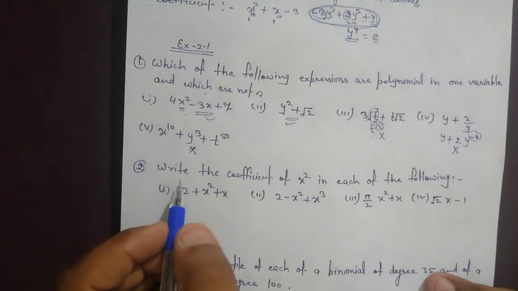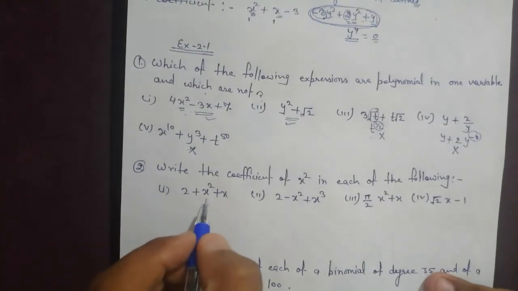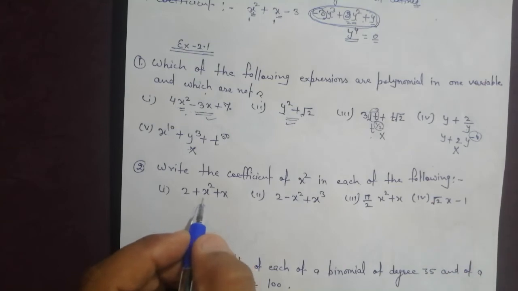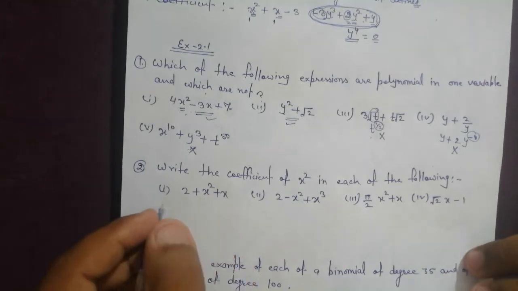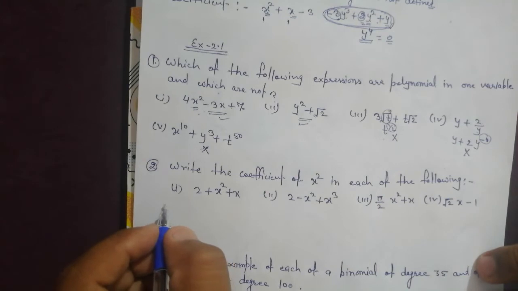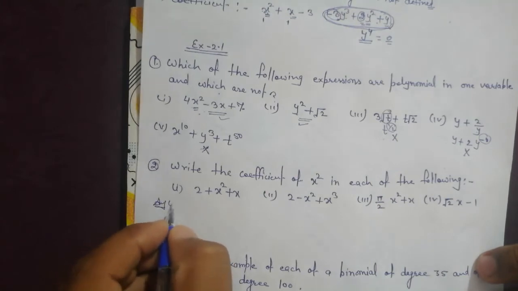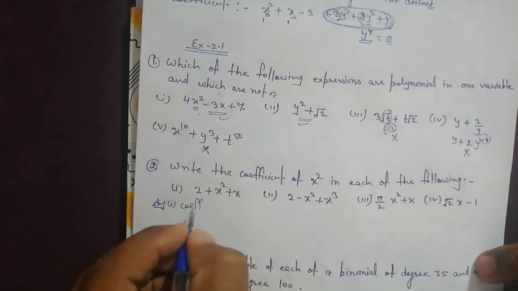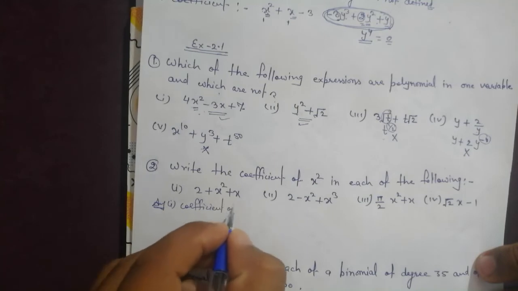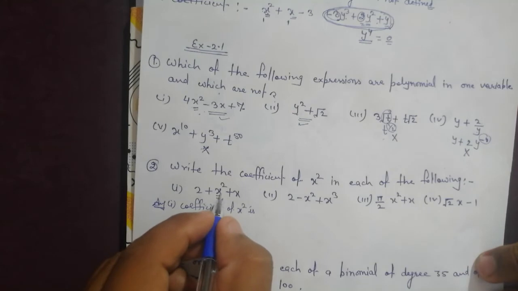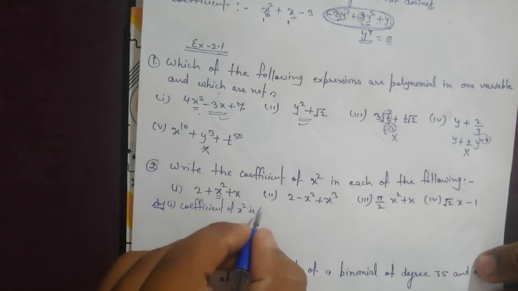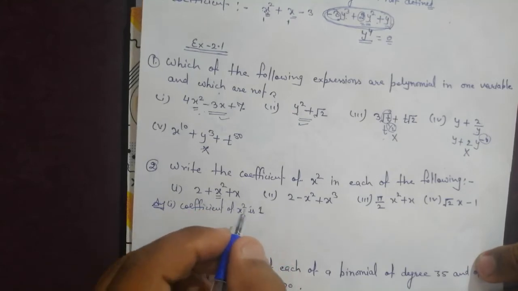Question number 2. Write the coefficient of x square in each of the following. We have to write the coefficient of x square, this first part. In the answer of the first part, the coefficient of x square is here, which number is with x square? No number is there, it means 1. So the coefficient of x square is 1.